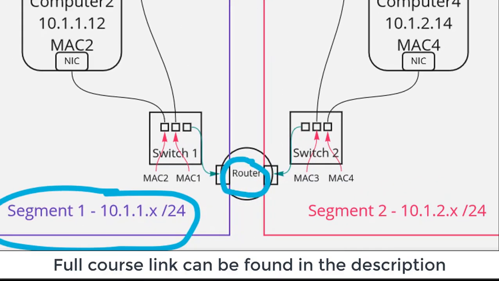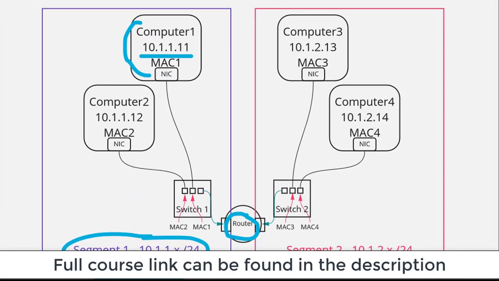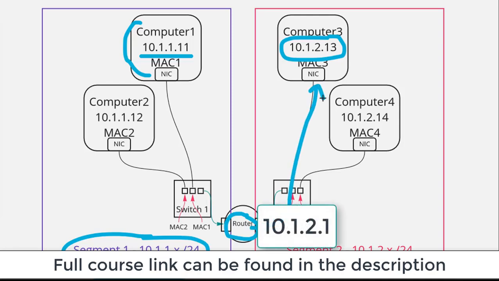The router has interfaces on both of these segments, so it has connectivity to both of those subnets. And so when the router receives a packet that is destined for 10.1.2.13, it can make a routing decision. It can say, if I need to get to 10.1.2.13, I need to forward it out the interface that is connected to that network segment. That's what a router does.